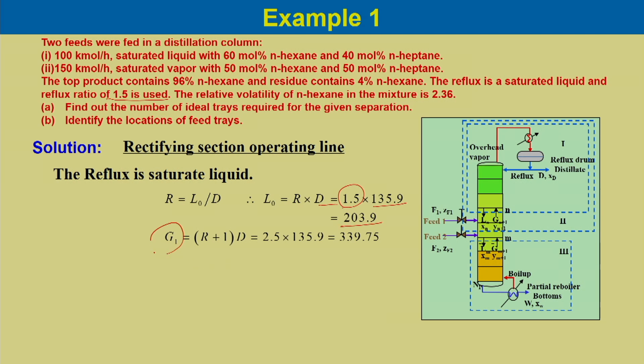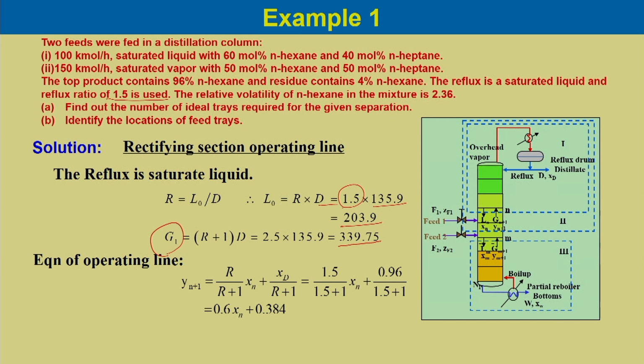The G1, which is the vapor flow from the top tray, is R plus 1 into D, which is 2.5 into 135.9, so 339.75. So we can calculate G1, and the equation of the operating line we can write as R by R plus 1 into Xn plus XD by R plus 1.